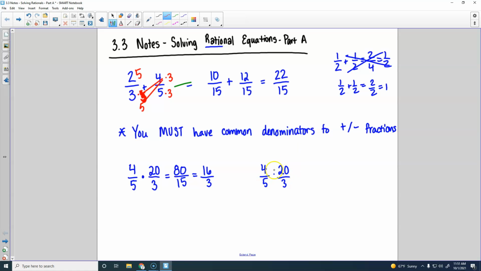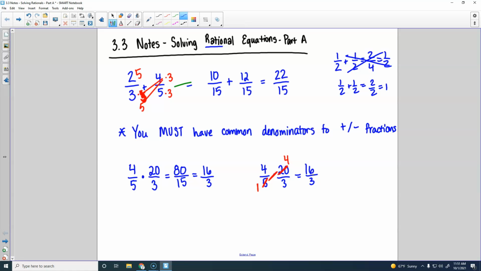So whenever we reduce, we can't reduce 4 over 5 and we can't reduce 20 over 3. But we could look here, 5 and 20. You can reduce anything in the top with anything in the bottom when you're multiplying. So, like Matthew said, 5 goes into both of those. So 20 divided by 5 would be 4, and 5 divided by 5 would just be 1. So you can reduce both, 4 times 4 is 16, 1 times 3 is 3. So I like to do that because usually you're dealing with smaller numbers if you do that, instead of 80 over 15.